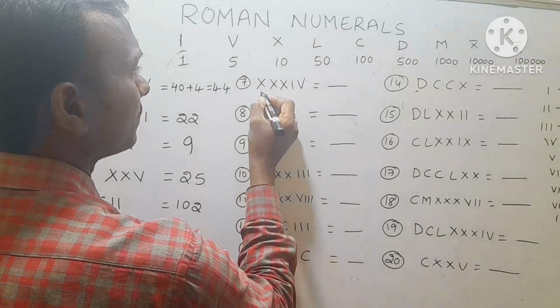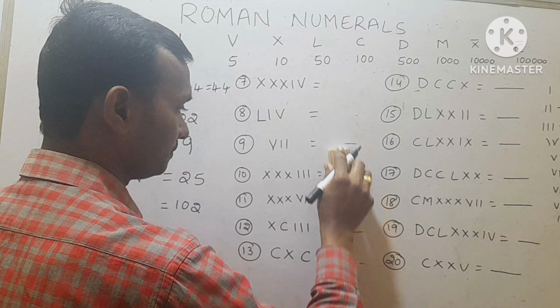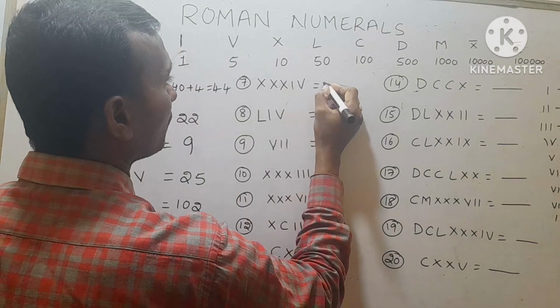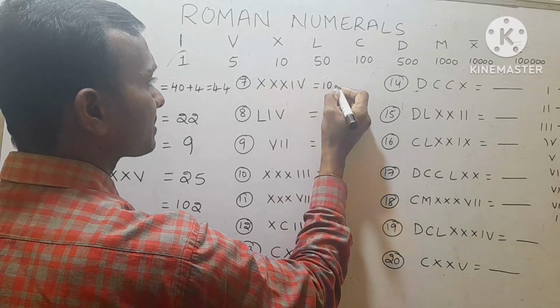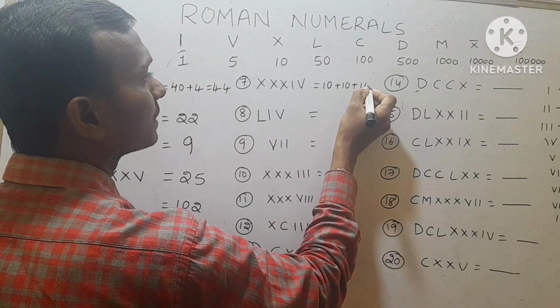Next question. X means 10 here. After that also X is there, plus 10. Again X, plus 10.